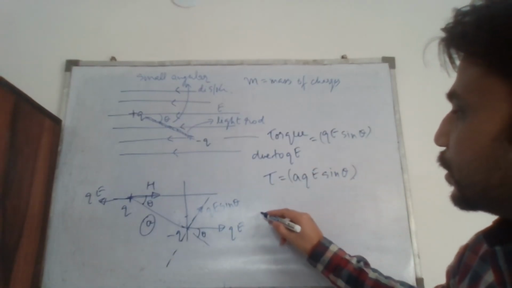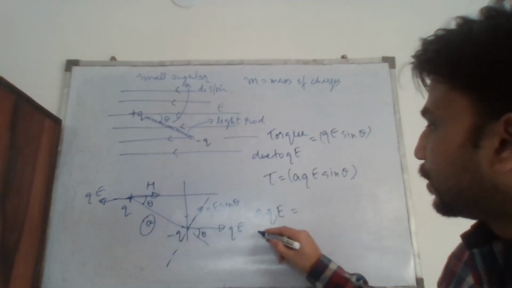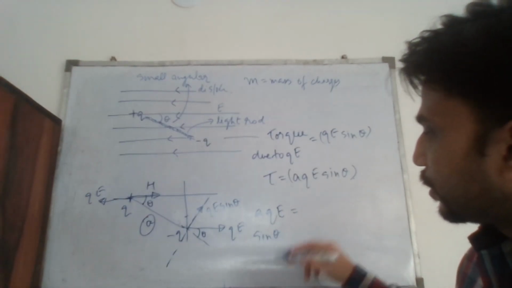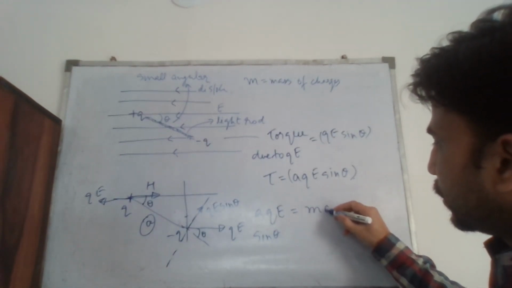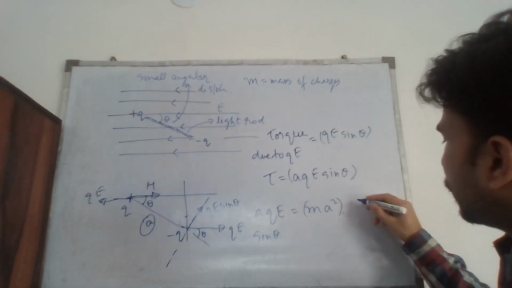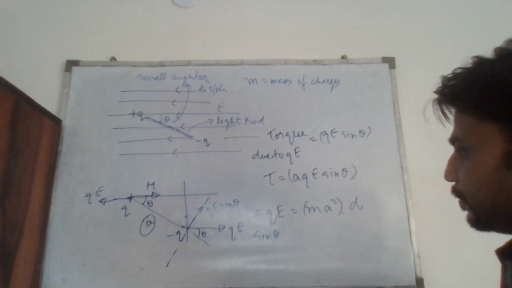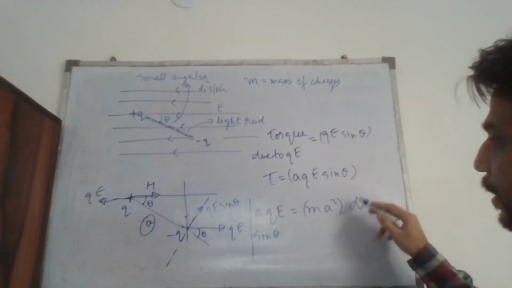This torque is producing the angular acceleration alpha in this system whose moment of inertia is ma square. So this is the equation tau is equal to I alpha.